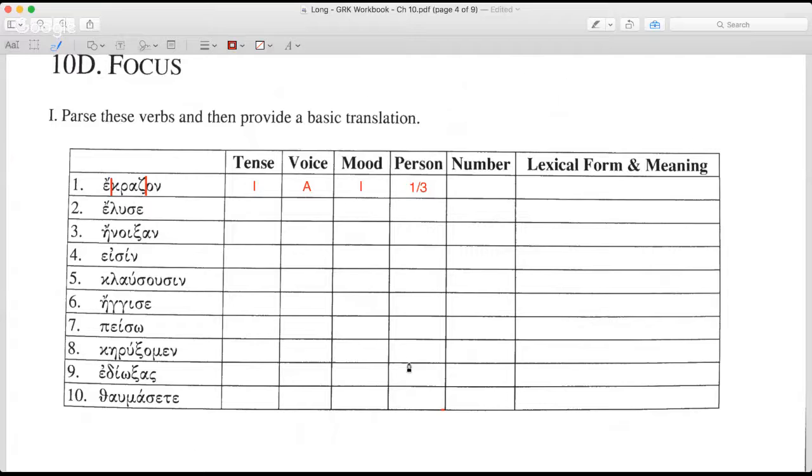And what is the number? Singular or plural? Plural. What is this coming from? What verb?